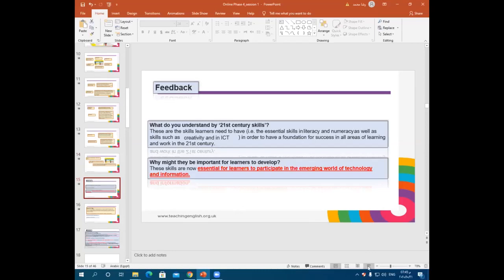The first one, what do you understand by the 21st century skills? These are the skills learners need to have, the essential skills in literacy and numeracy, as well as skills such as creativity and ICT. Do you know what is the ICT?